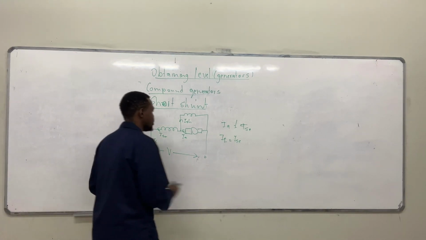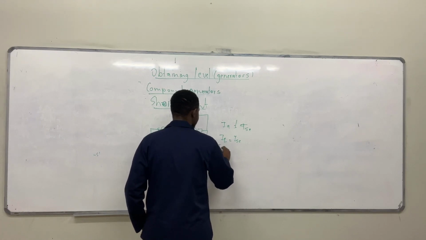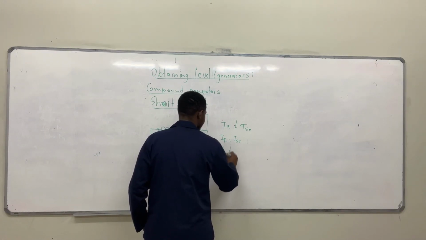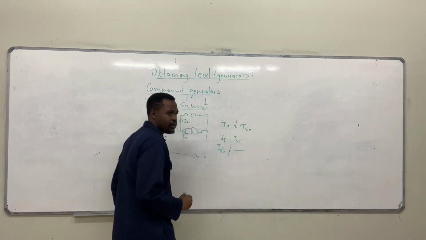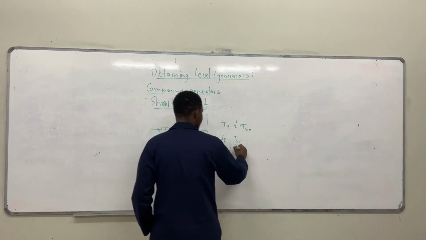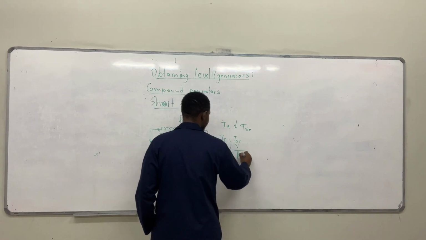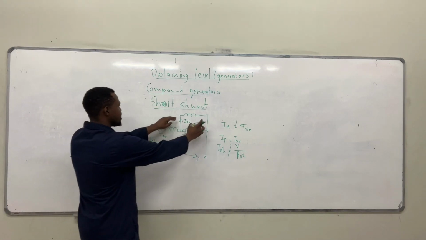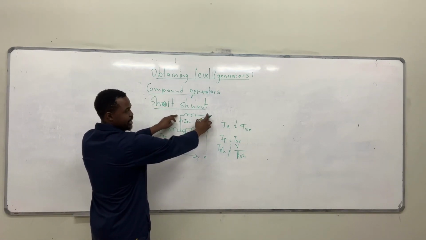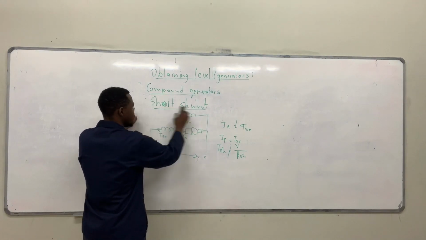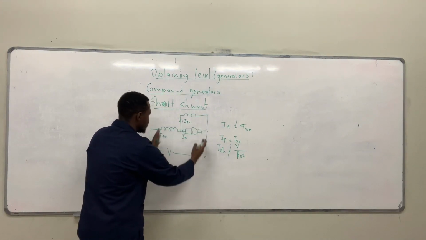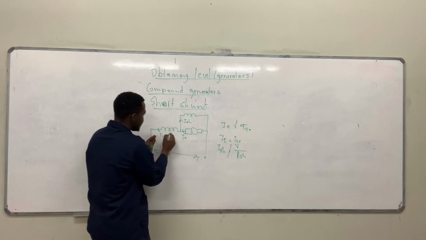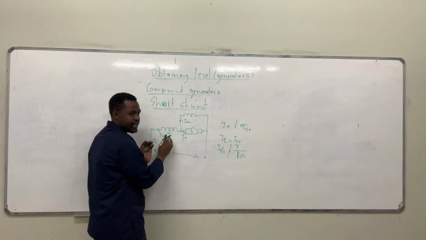And you cannot say I shunt is equal to V over R shunt, because this parallel winding is no longer connected across the terminal voltage, meaning there is a voltage drop.